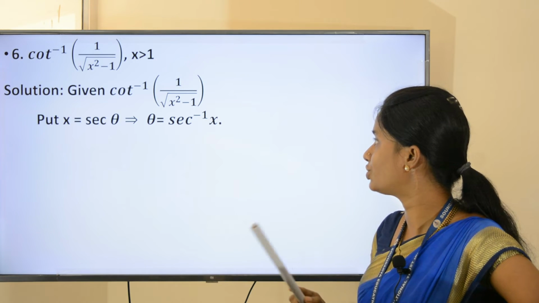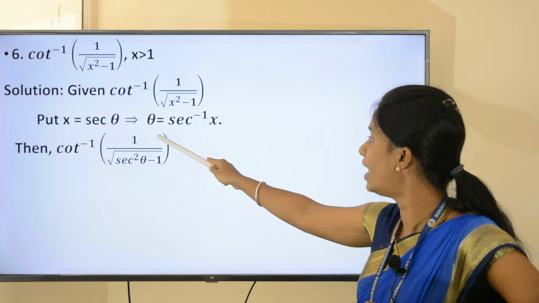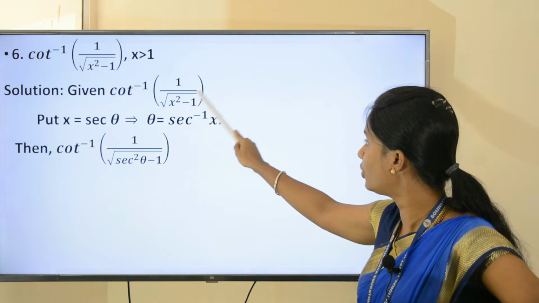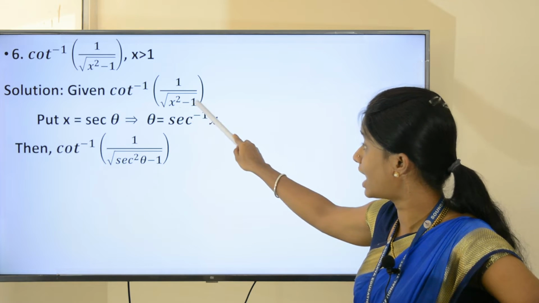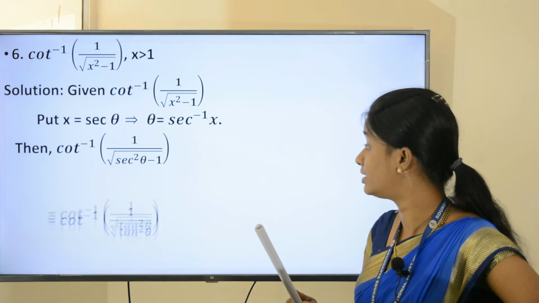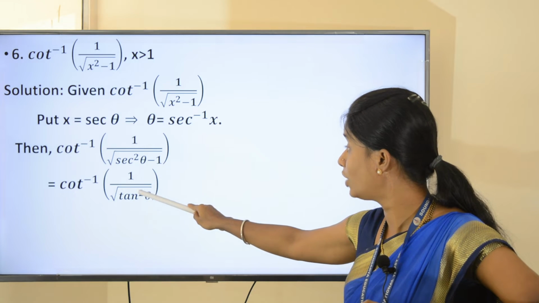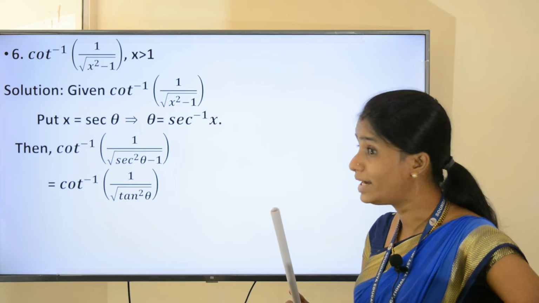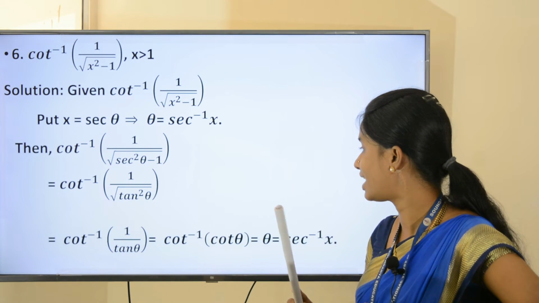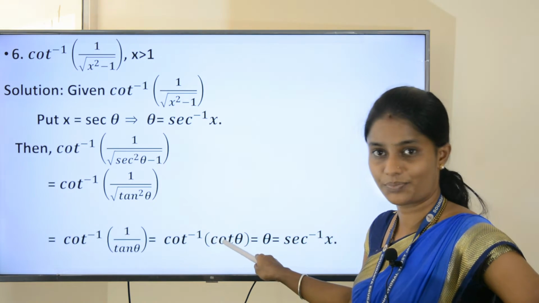Now, we'll substitute here cot inverse of 1 divided by square root of secant square theta minus 1. Secant square theta minus 1 can be written as tan square theta. Square root and square will get cancelled. Remaining is tan theta. 1 divided by tan theta can be written as cot theta, isn't it?